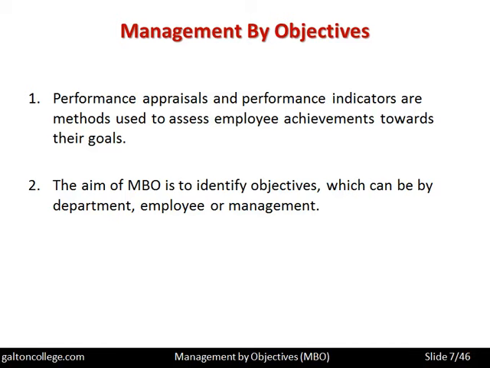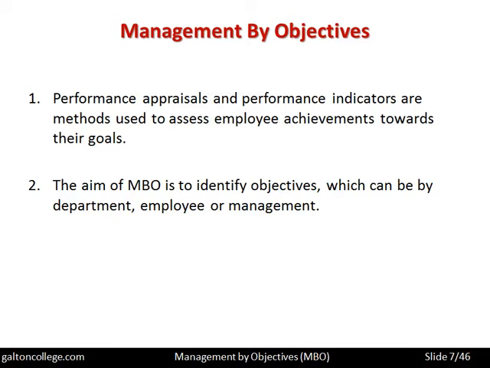The organization sets what it wants to achieve, and then it works its way through the various departments all the way to the employee level, setting objectives all the way. And if every component achieves its objectives, then of course the organization should achieve its objectives.